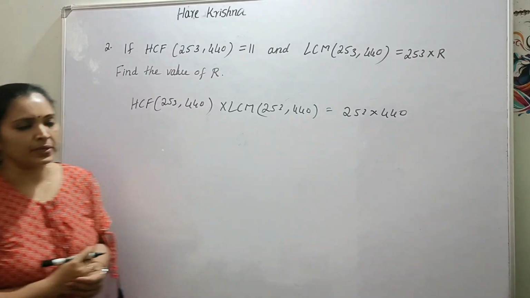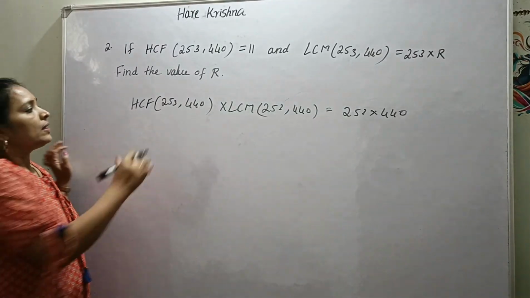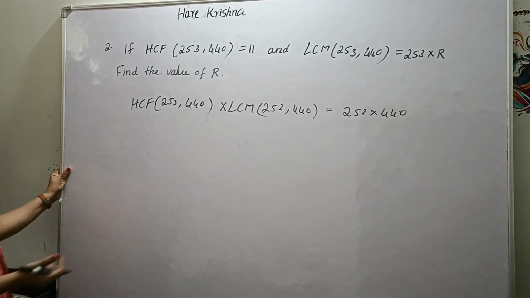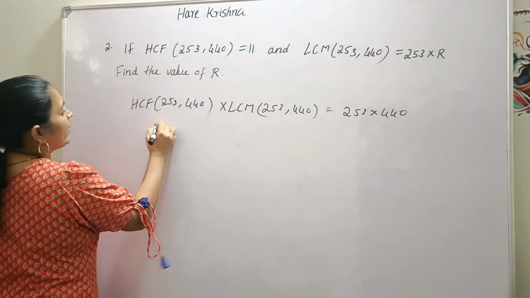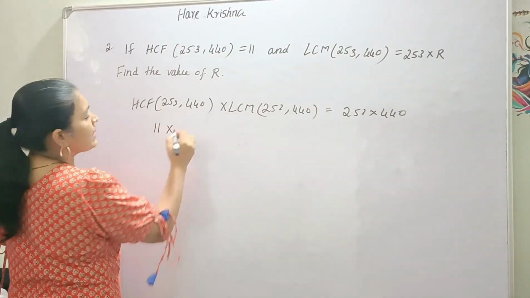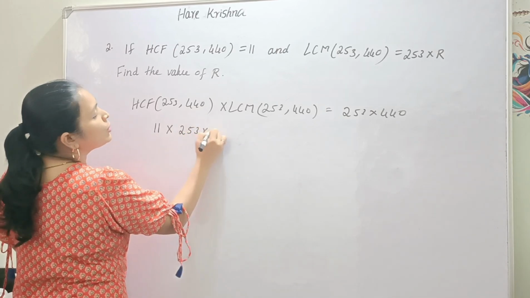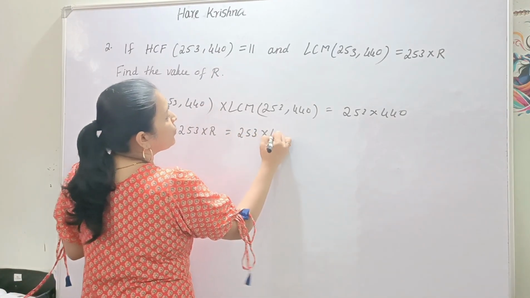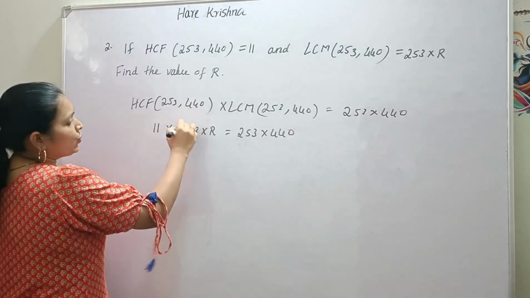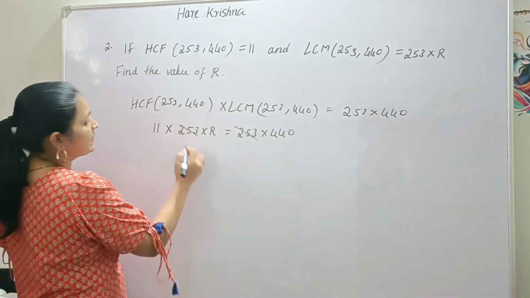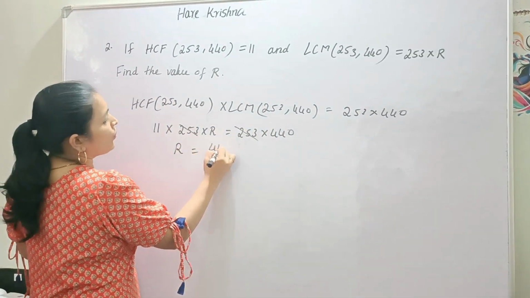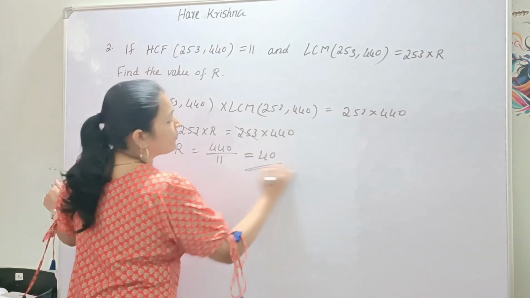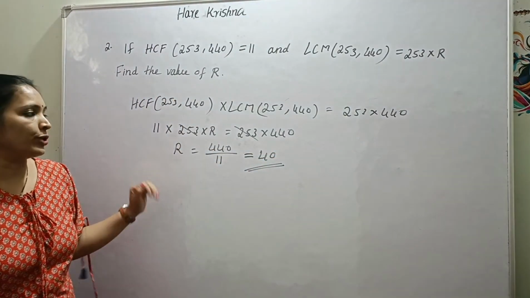HCF is 11, LCM is 253 into R, so 11 into 253R equals 253 into 440. Here 253 cancels, then R is equal to 440 divided by 11, that is 40. Therefore, the value of R is 40.